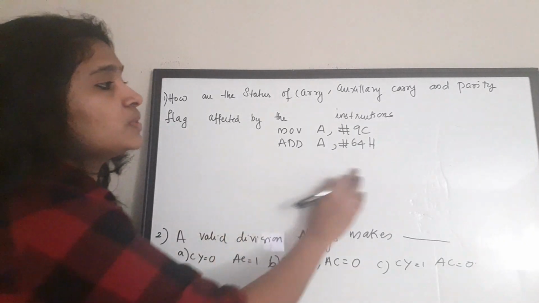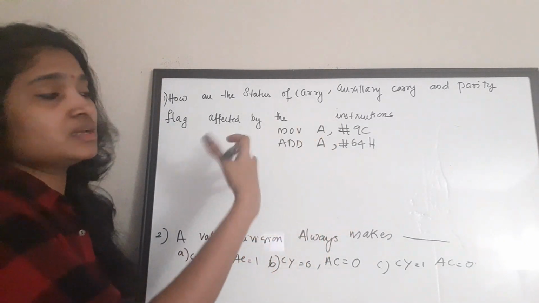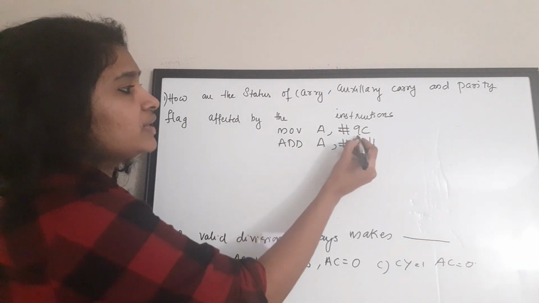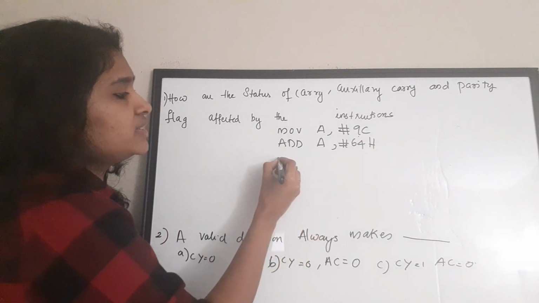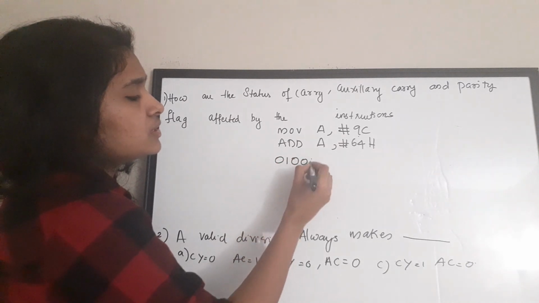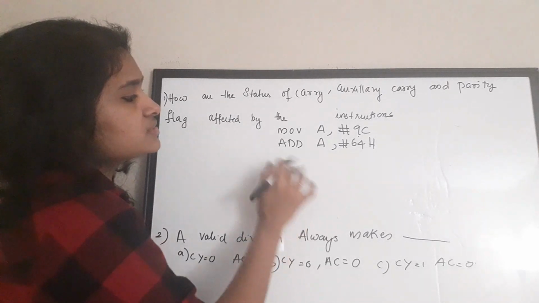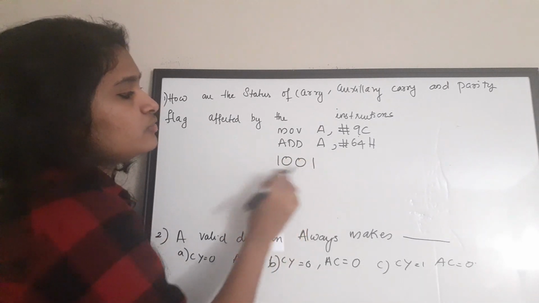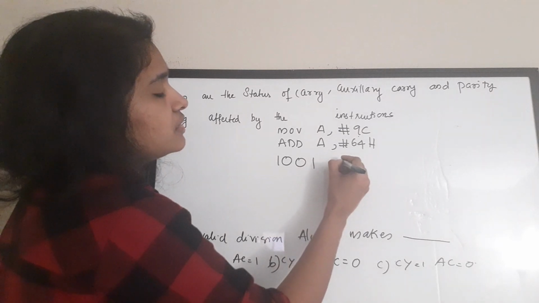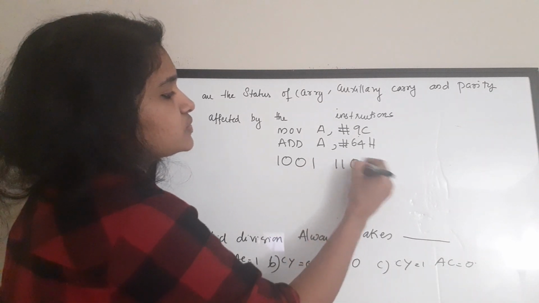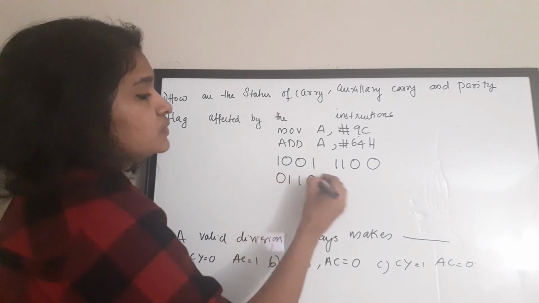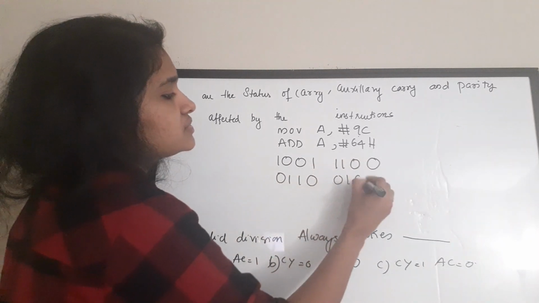These numbers are given in hex. For 9 it is 1 0 0 1. For C it is 1 1 0 0. For 6 it is 0 1 1 0. For 4 it is 0 1 0 0.